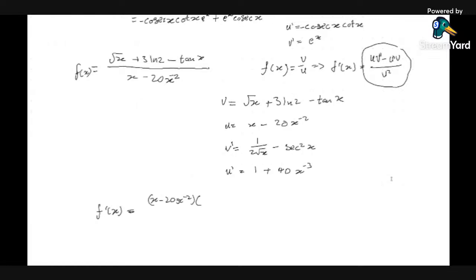This one I can simplify to give me a better fraction, which is 1 minus 2 square root of x times sec squared x divided by 2 square root of x sec squared x. Okay, that's not better. That's just worse. Let me just write it as this one because they say you should not simplify.